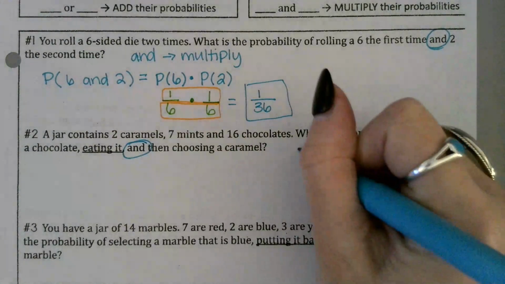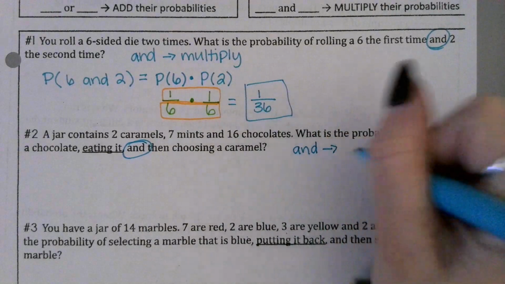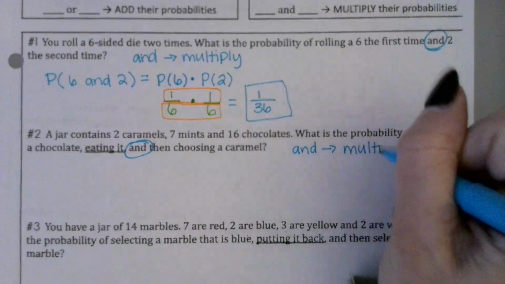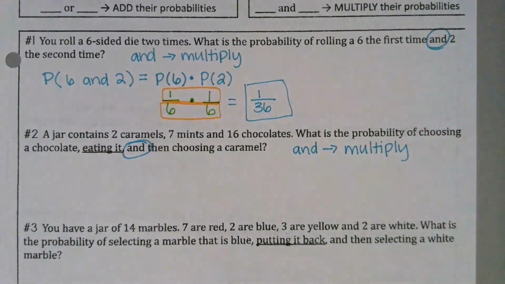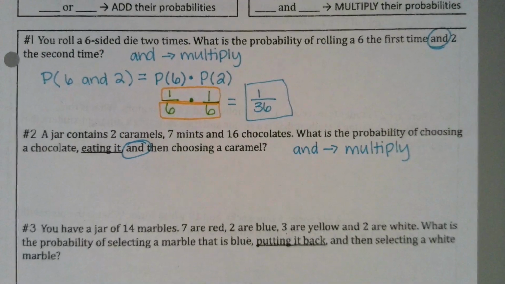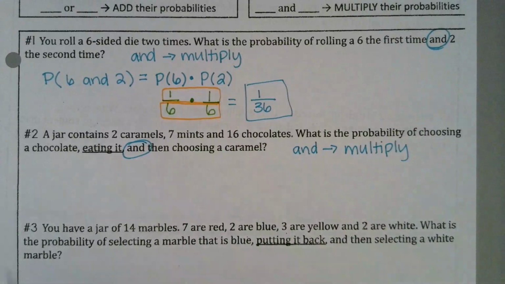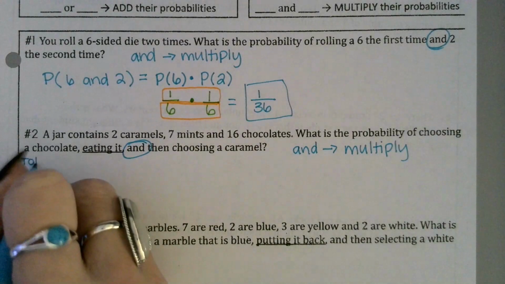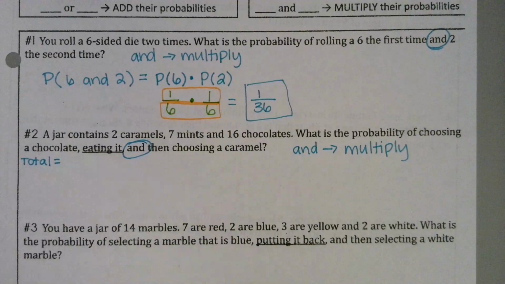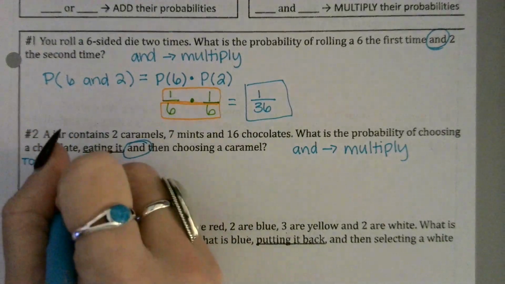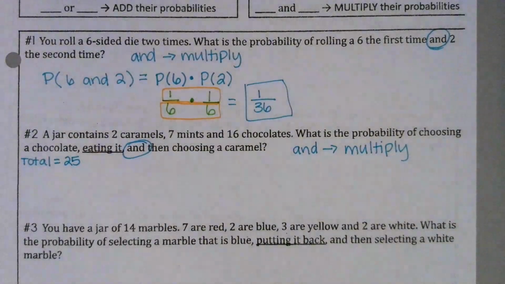Circle it. And means multiply. How many total candies are in my jar? Yeah, Kobe said it was 25 too. Okay, I believe all of you. There are 25.